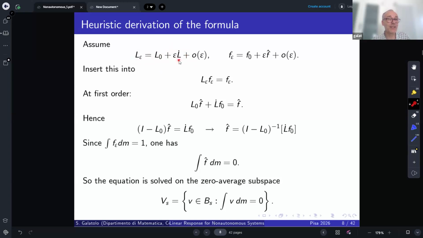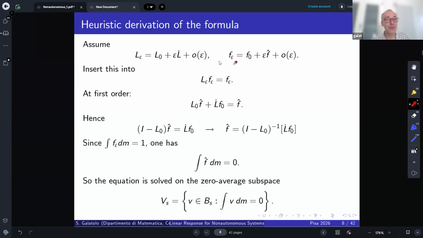This will be the derivative, telling you the direction in which the operator is changing, plus something which is of the order of epsilon. Of course, in a mathematical situation this will be a family in an operator space, and you have to define the topology for which the difference between this and this is of the order of epsilon in a suitable way. I will not enter into this topic here, but suppose you can do it in some sense.